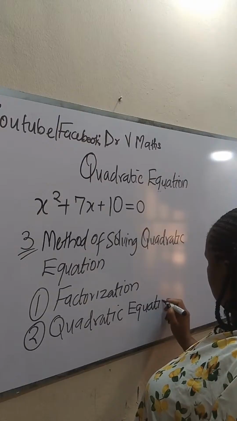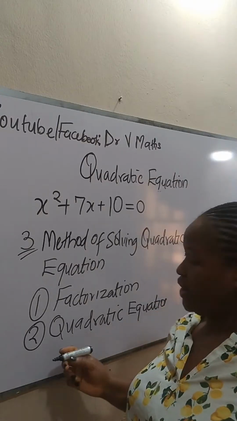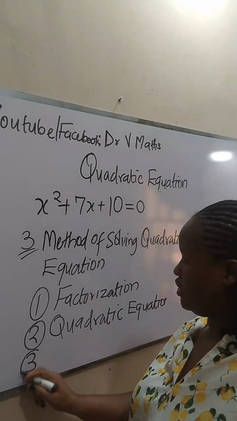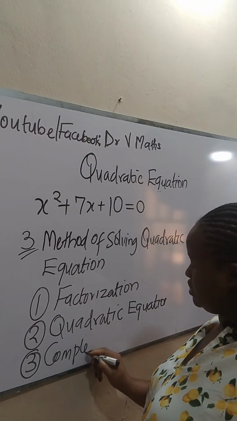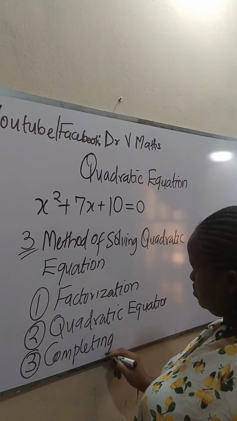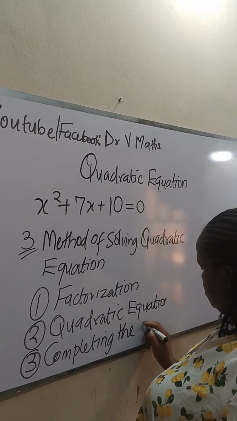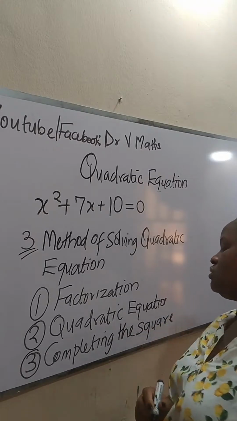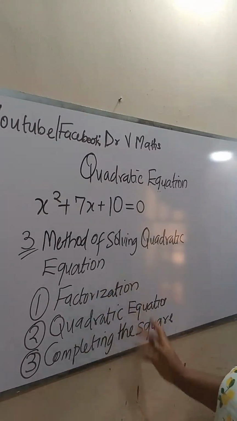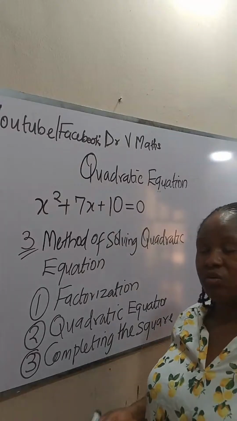In some places, like in my country, we call the quadratic formula the almighty formula. And number 3, we have the completing the square method. So these are the 3 methods we can use to solve a quadratic equation.